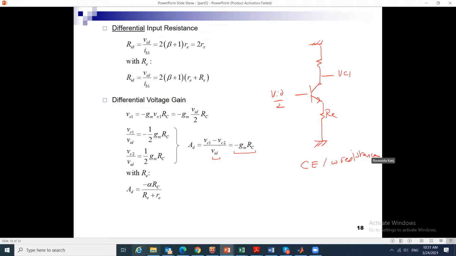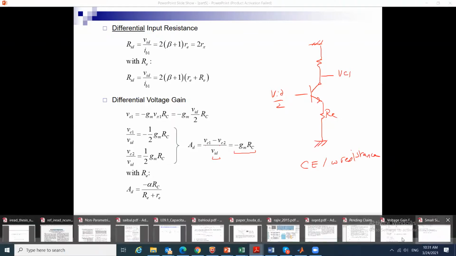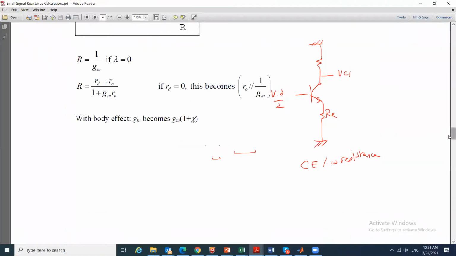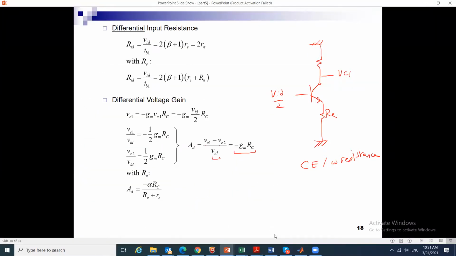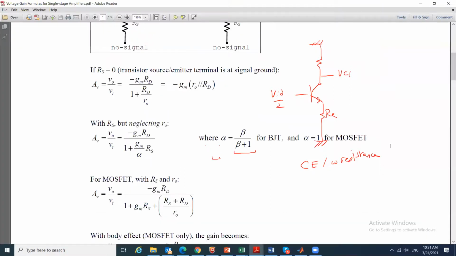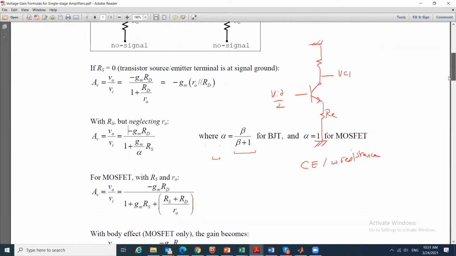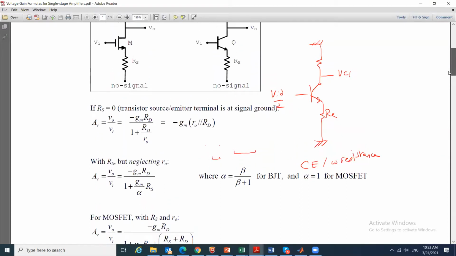The equation for it from the small signal analysis is this equation here. It says minus GM RC over 1 plus GM over alpha times RS, which here is RE.